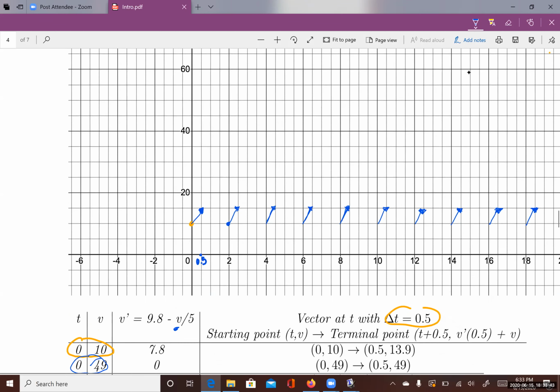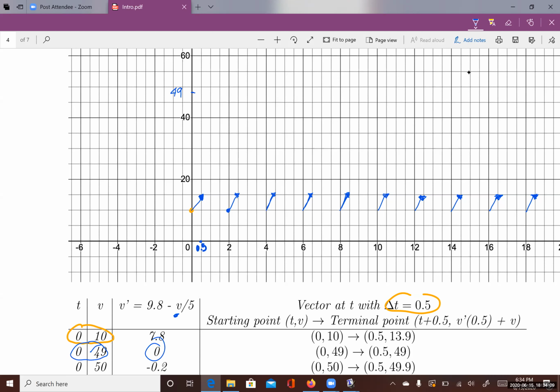The starting point is 49 and the terminal point is 0.5 and 49, but you have the same v value. So if your tangent line is horizontal, that means your slope vectors are going to be horizontal vectors.